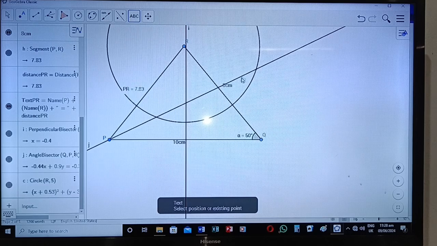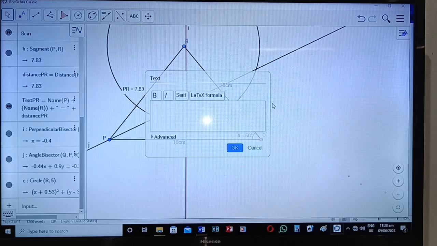We can say this one is equidistant from PR and PQ.